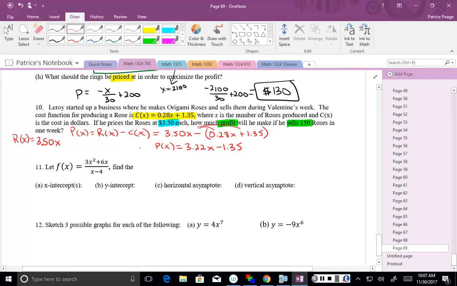That's my profit equation. And I want to know what the profit is when they sell 150 roses. So I'm going to plug 150 in for x right there. So then if I multiply 3.22 times 150 minus 1.35 on my calculator, I will get $481.65.